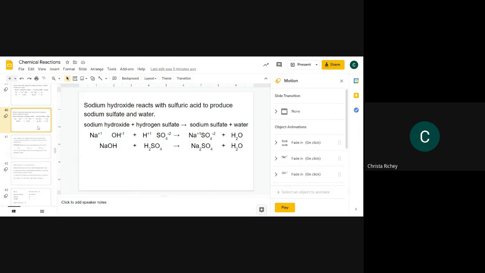I need to make sure tomorrow that you understand what these subscripts mean, and if I put a number in front of the whole compound, what that means. So we're literally counting atoms tomorrow. There is an assignment that goes with this. It is exactly what we just did, very similar to the one that you did on Thursday.